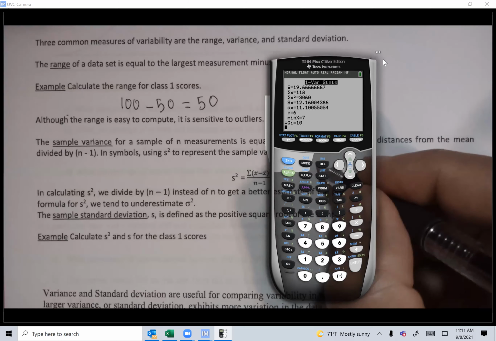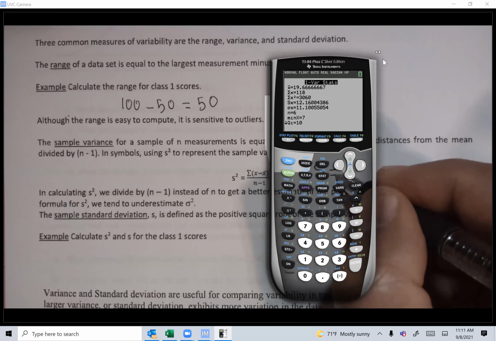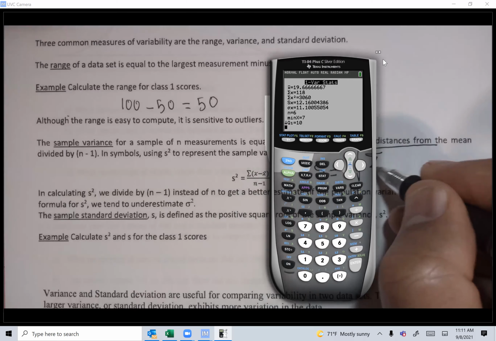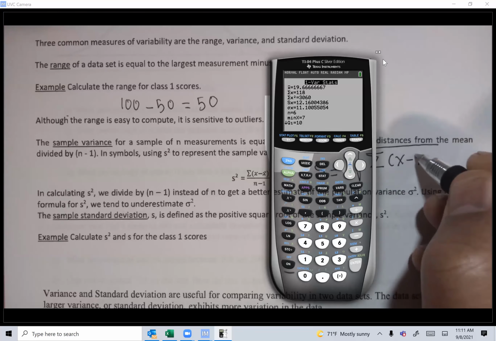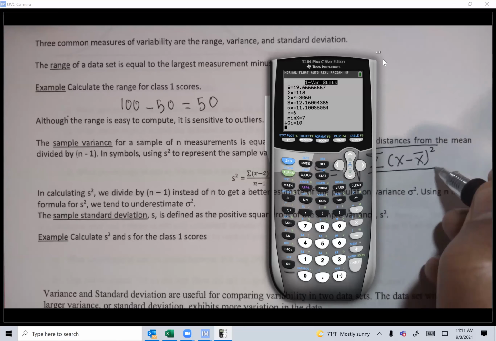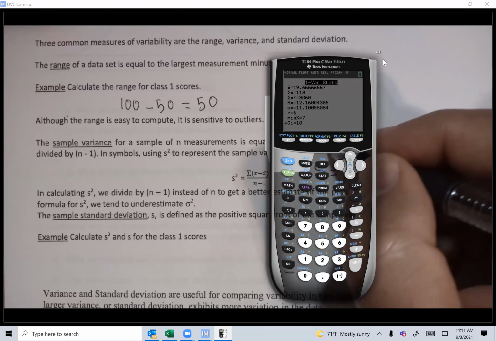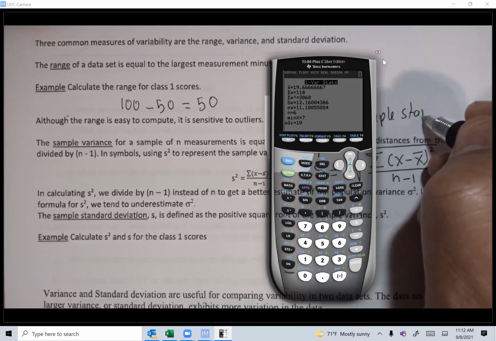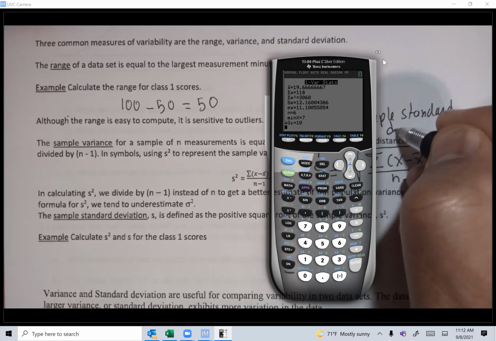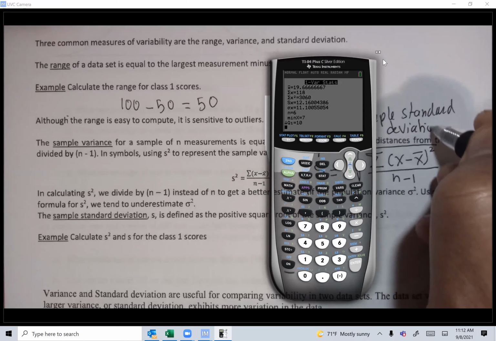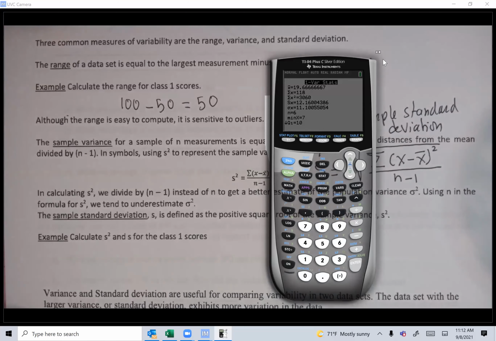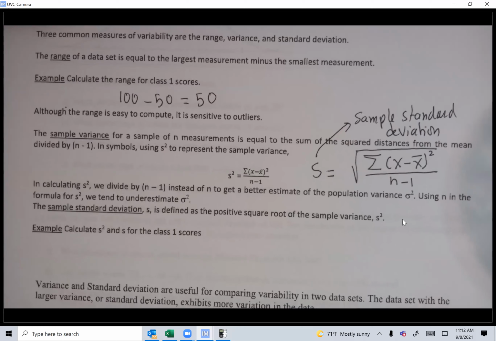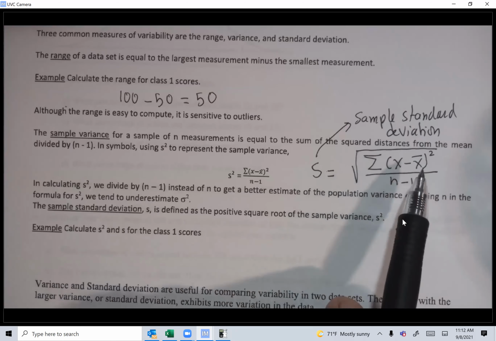So here's the formula for S. This is called the sample standard deviation. You remember, guys, how I did it.